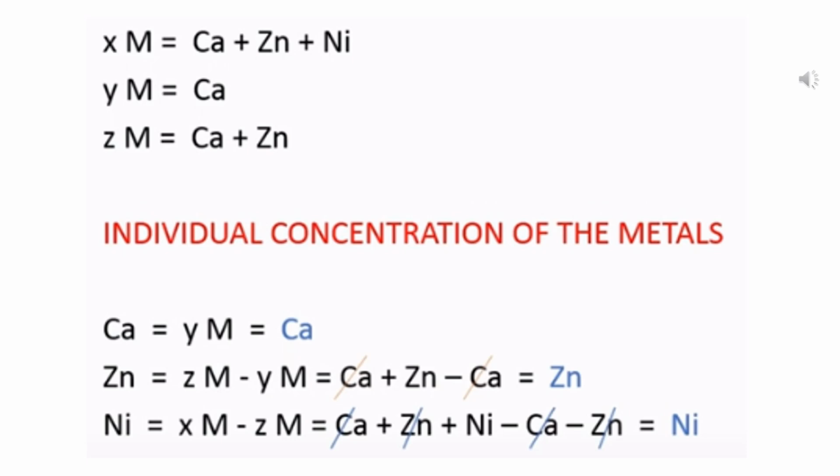Here the calcium and zinc cancel out, and only nickel is left. So the individual concentrations of metals can be found by this formula.